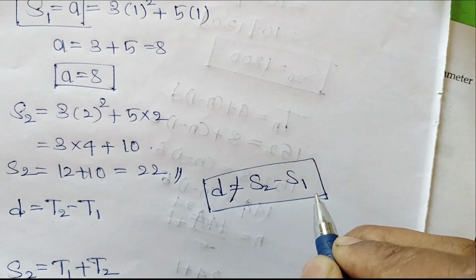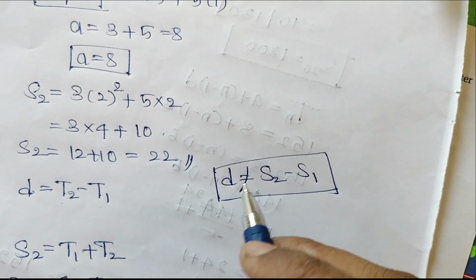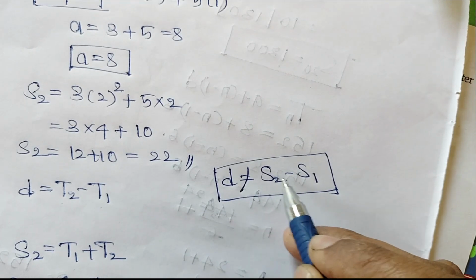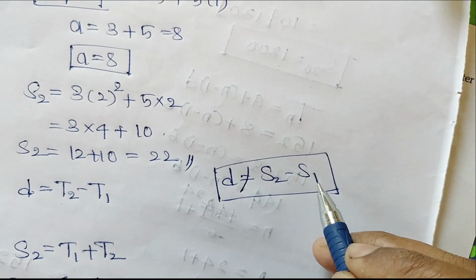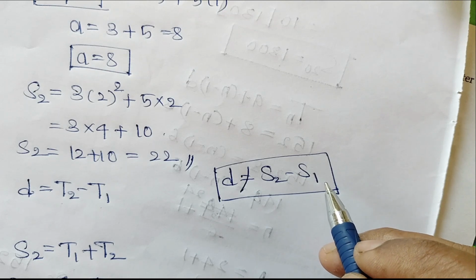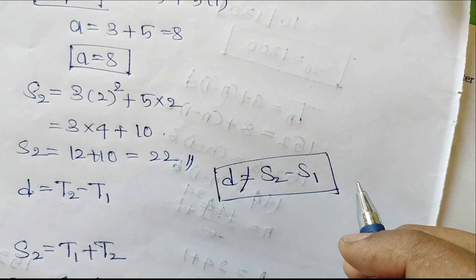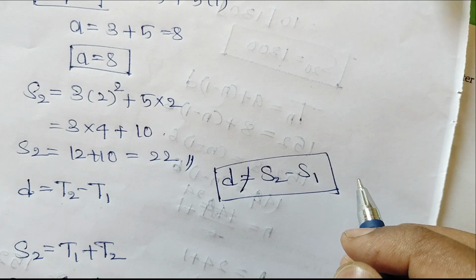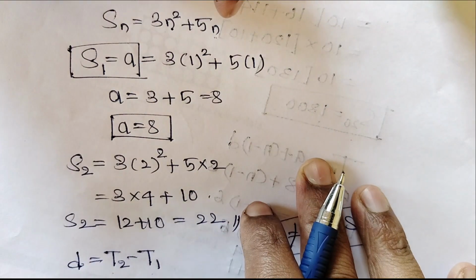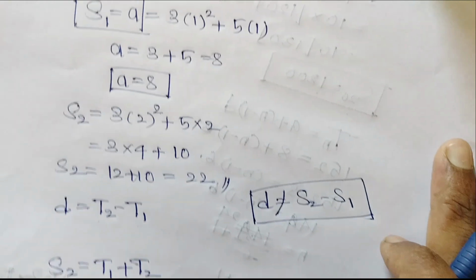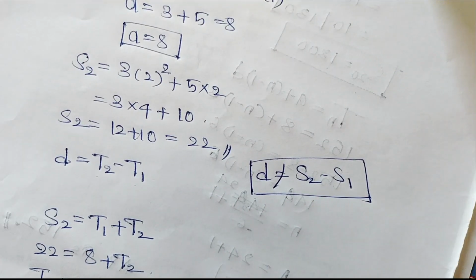But note here that d is not equal to S2 minus S1. Please pay attention: the difference is not S2 minus S1, because it is a generalized formula for Sn.